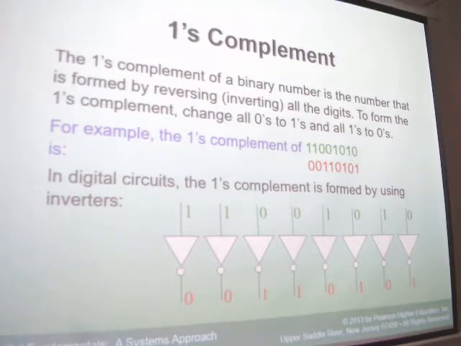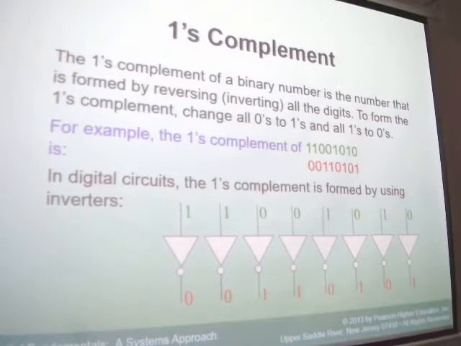And then the one's complement of this number is 1 1 0 1 1 1 0 1. In the computer, we use this number to represent minus 34.